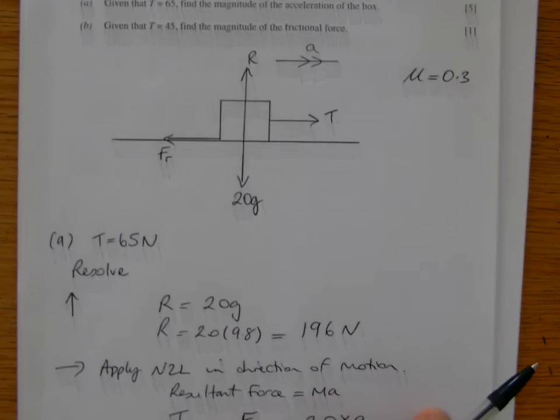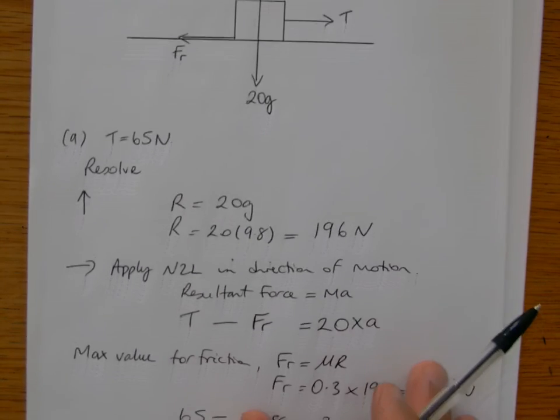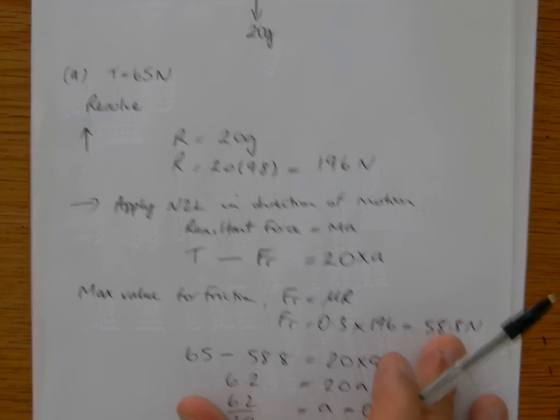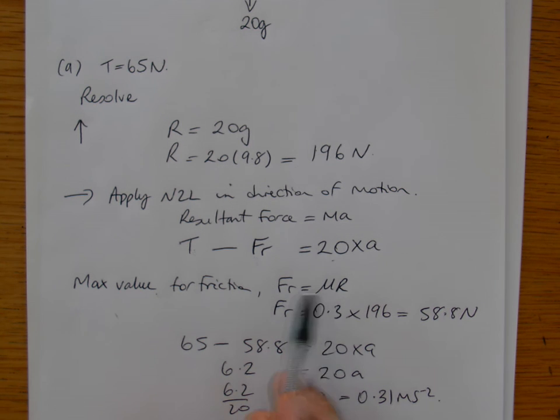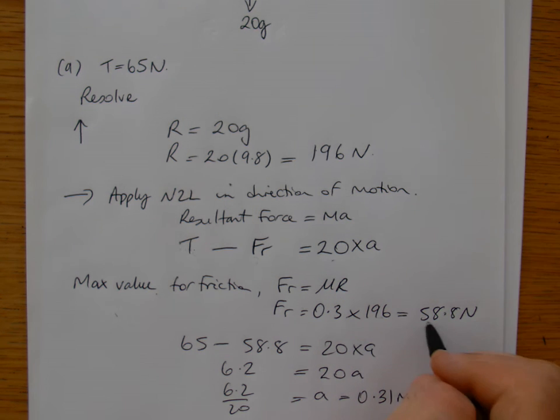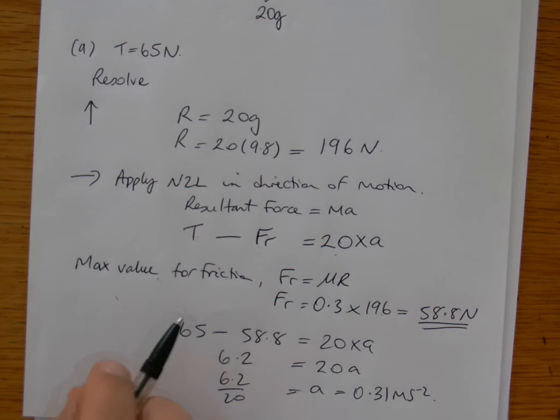It's all to do with what we worked out in A. Look at this line where it says the max value for friction. We worked that out: 0.3 for mu times the normal reaction, which is 196. This is the maximum value of friction, 58.8. In other words, that's the maximum strength friction has got.